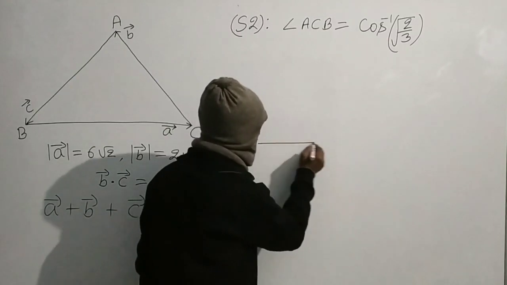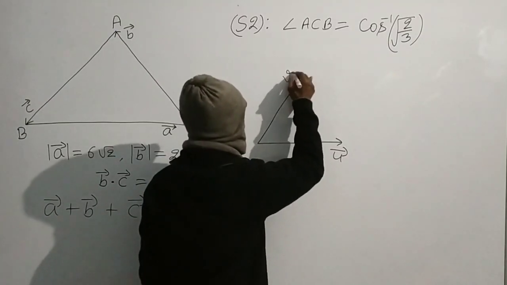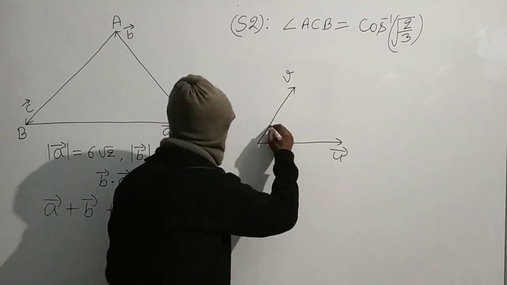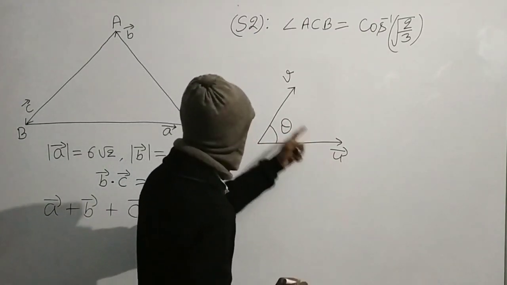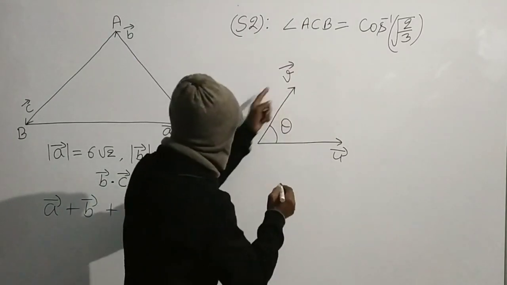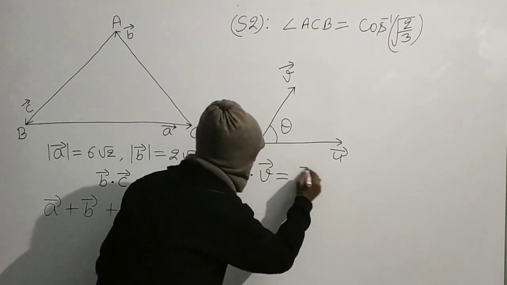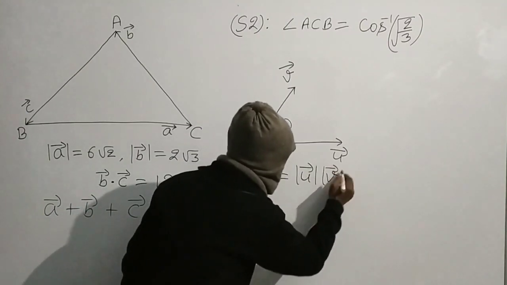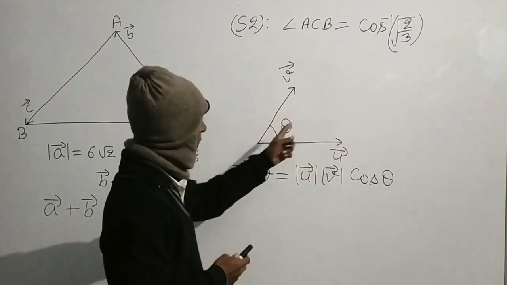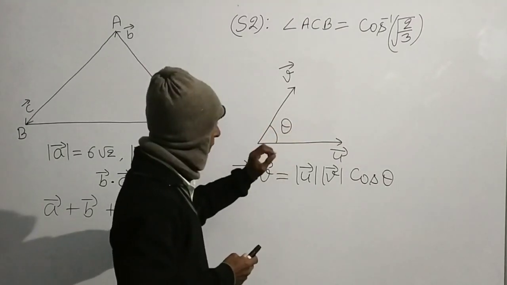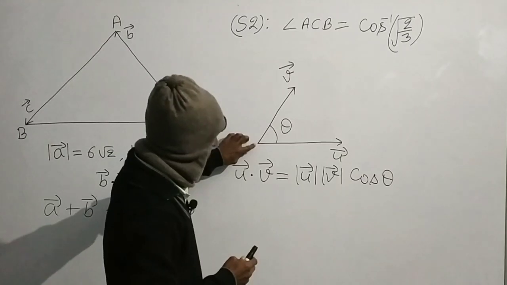If there be two vectors u and v, and theta be angle between these two vectors, then dot product of vector u and vector v, u dot v, is defined as mod of u mod of v cos theta, where theta is angle between u and v when initial point of u and v are at same position.